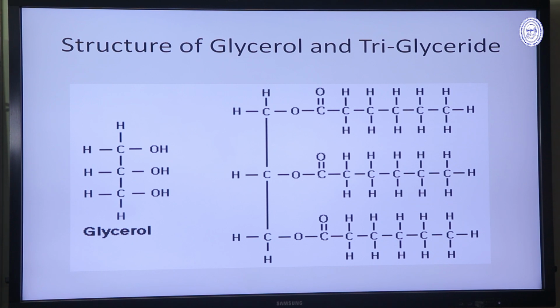Upon esterification, these 3 hydroxyl groups can form 3 hydrocarbon chains, and then it is called triglyceride. You can see here the glycerol molecule is attached to 3 hydrocarbon chains.